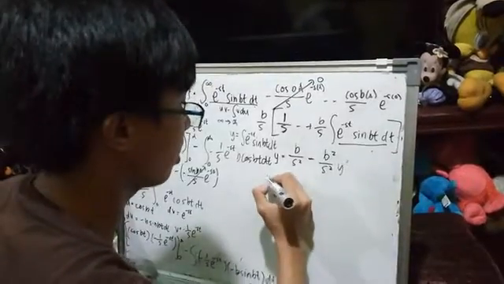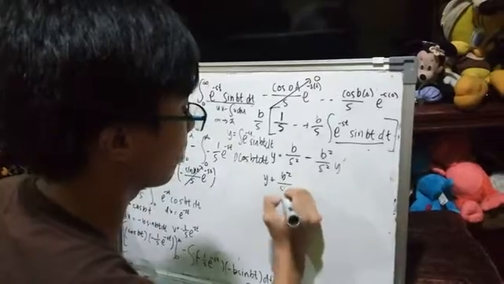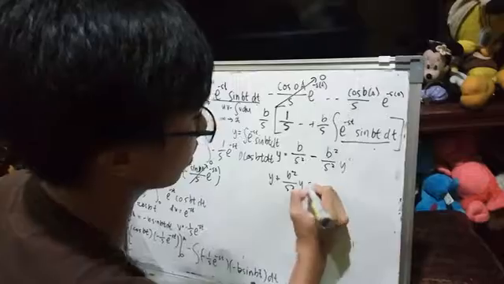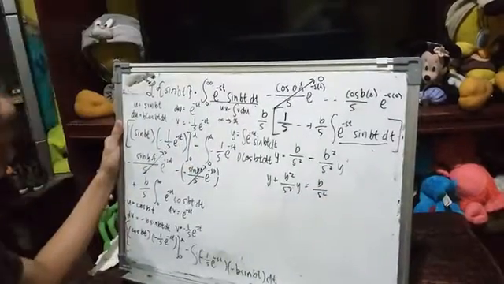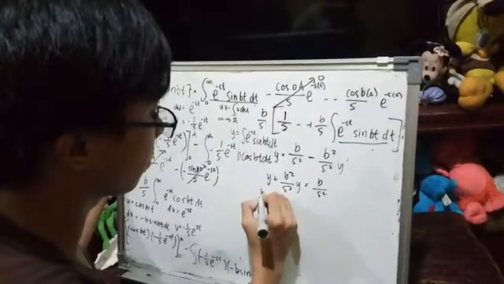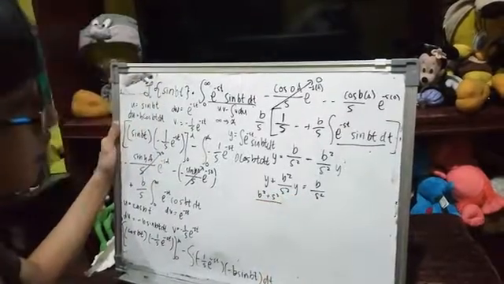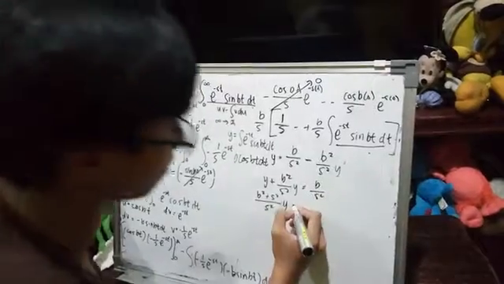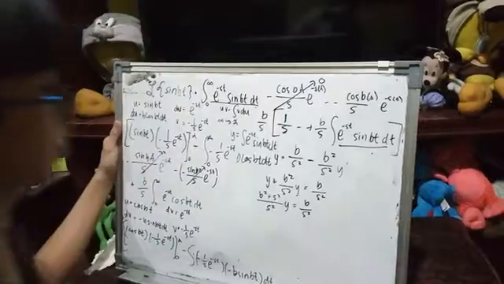So y plus b squared over s squared times y equals b over s squared. If we add this, it will become b squared plus s squared over s squared times y, equals b over s squared.